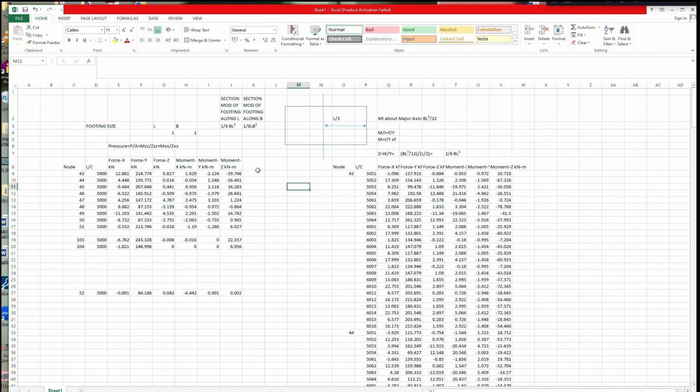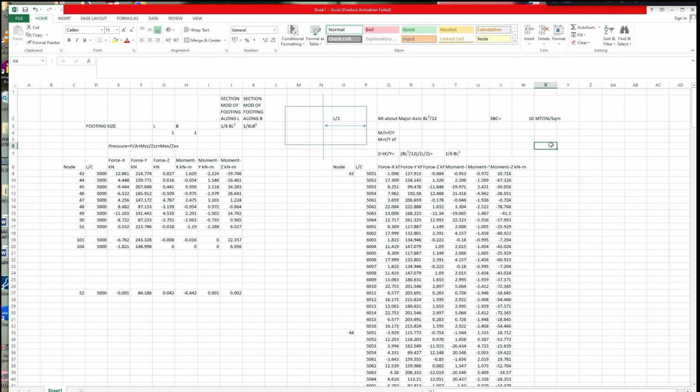Now from the soil investigation report, we have to take the safe bearing capacity. Let us say 10 ton per square meter is given in the soil investigation.